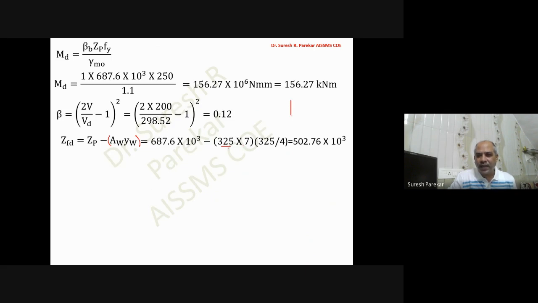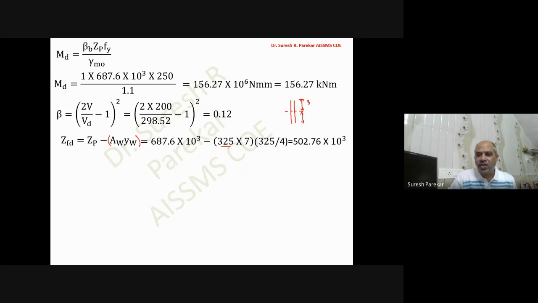Now actually the section is 325, so in total we have considered 325 into 7. If we go exact, we have to subtract the flange from both sides, but on the safer side we have considered the total, that is 325. That web which is in the flange, that also we have considered. So this will be 325 into 7. When we go for the plastic section, we have to divide it into 2.